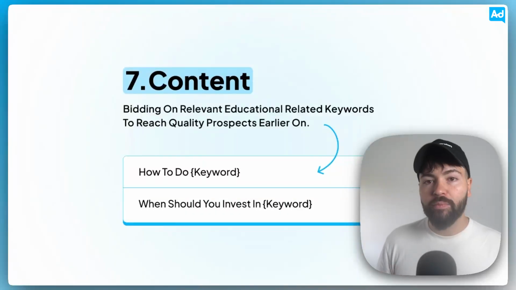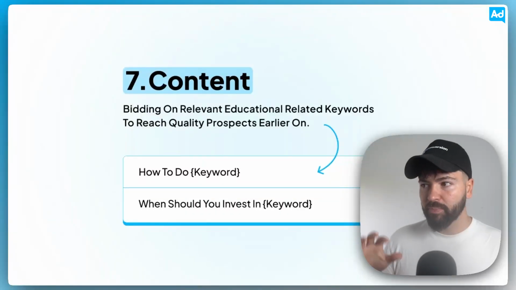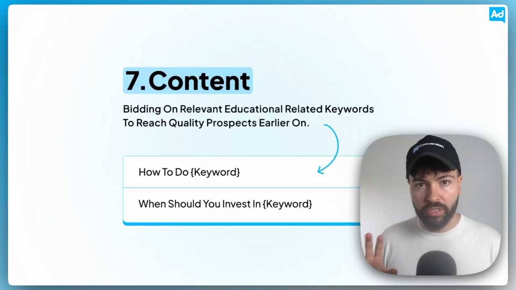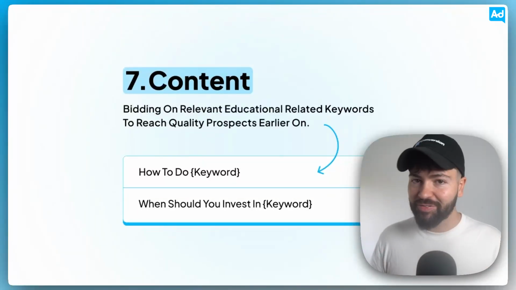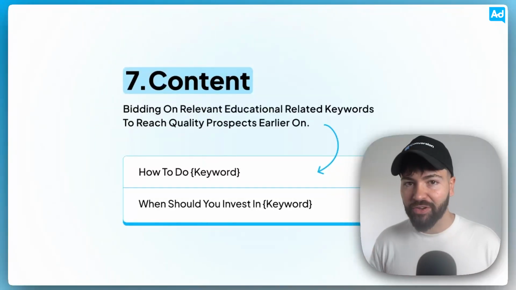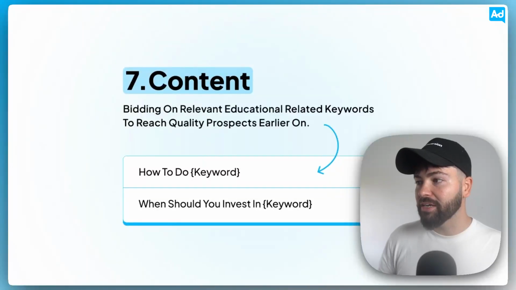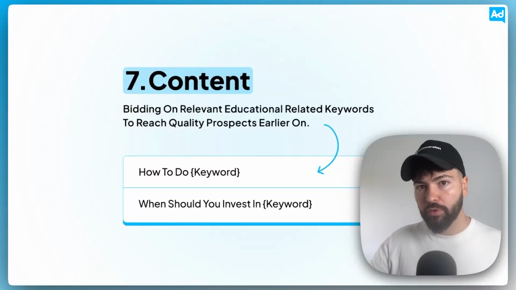So content campaigns can be really cool because they allow you to get in front of people much earlier on in their user journey. I was about to say search journey, but it's really user journey. Search is just one touch point. And what we're doing here is bidding on relevant educational keywords to reach people earlier on.